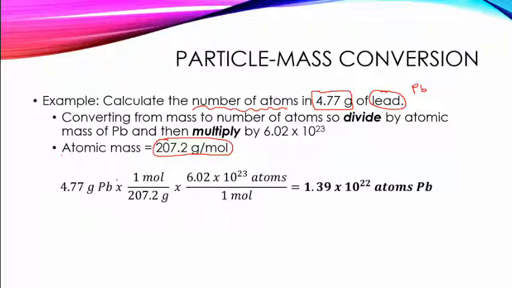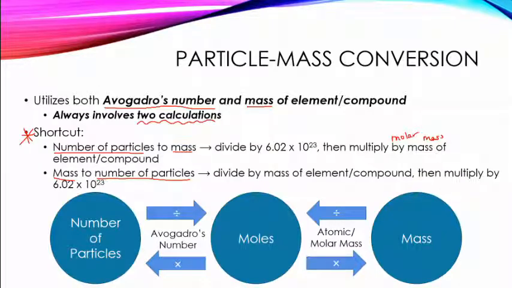And here's where my math comes in. My first step is, because I am going from mass to atoms, it's going to be the bottom one here. We're going to divide by the mass and then multiply by Avogadro's number.